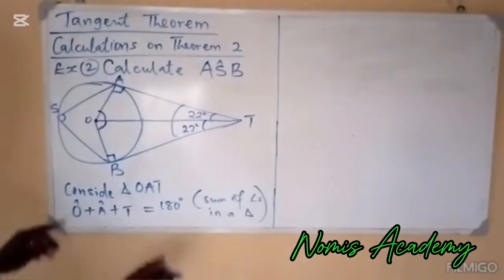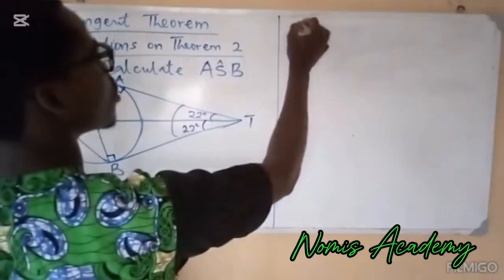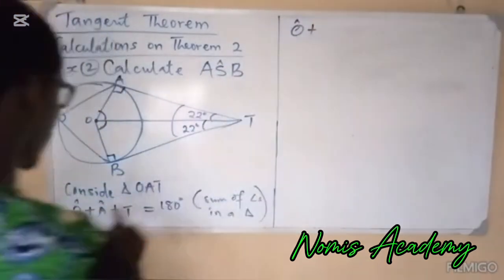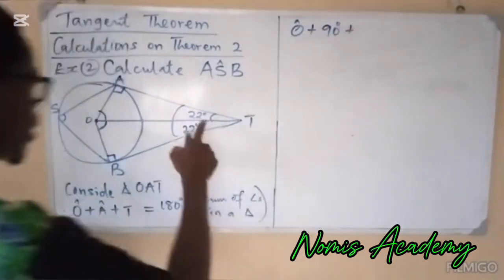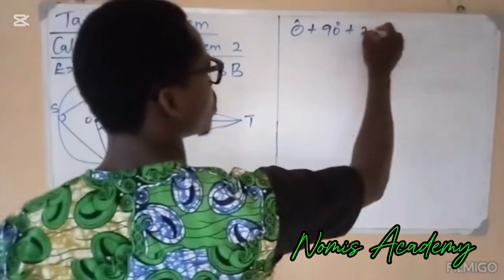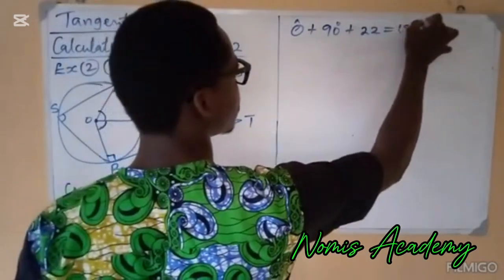So we see that angle at O plus angle at A, which is 90 degrees, plus angle at T, which is 22, is equal to 180 degrees.